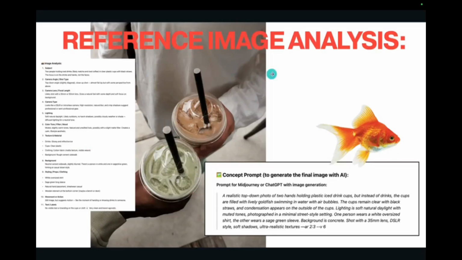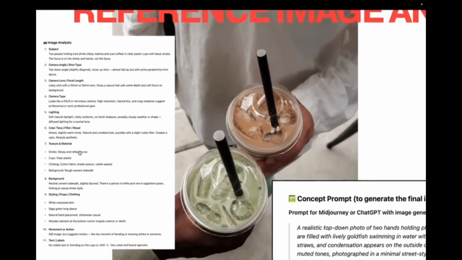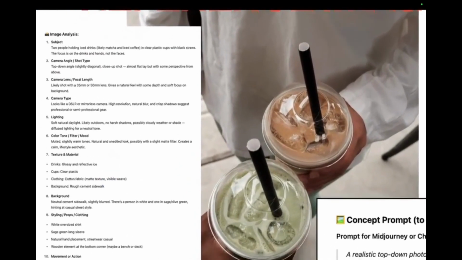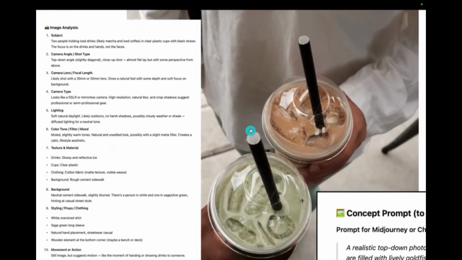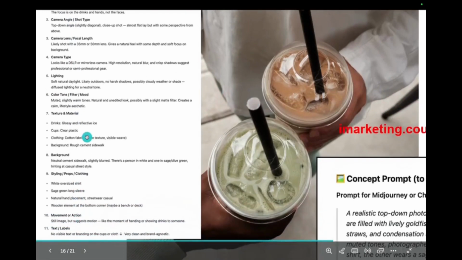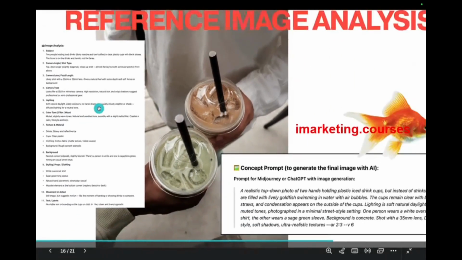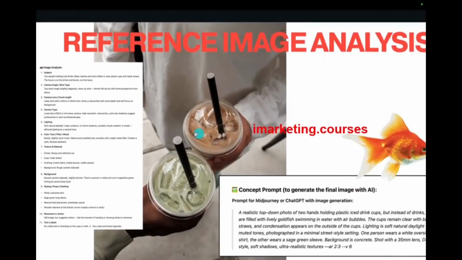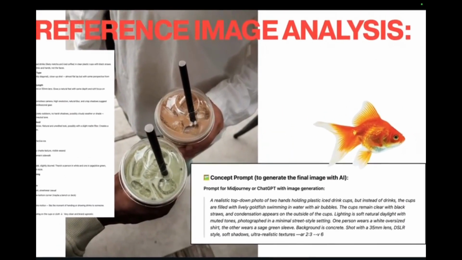This image was taken from Canva. I asked ChatGPT to analyze this image from Canva, and this is what I got. The subject, the camera, all the things we just talked about are here, and I have all the information about the image, so I can create something similar to that. Then I wanted to do something unrealistic, which I think is the most fun with AI.